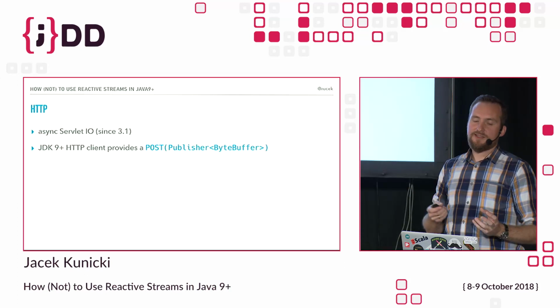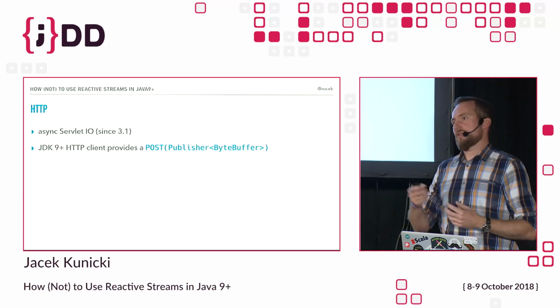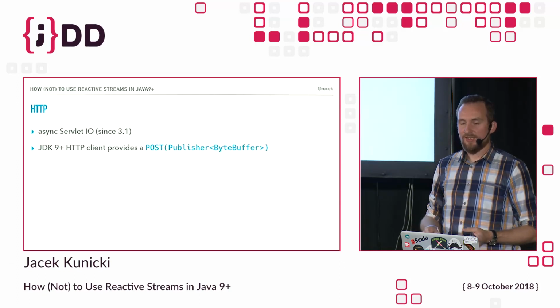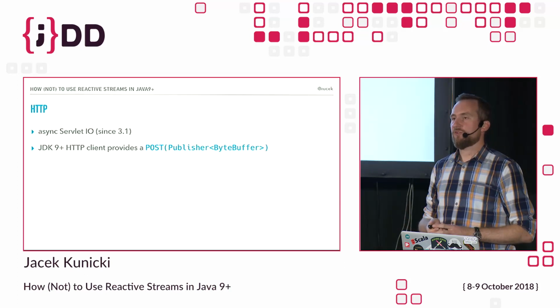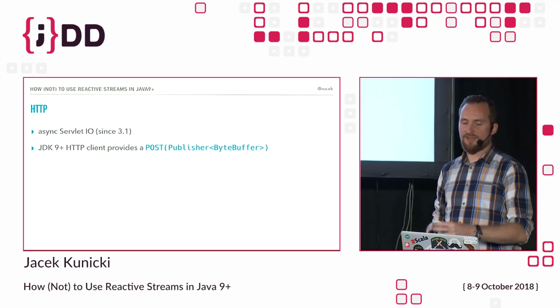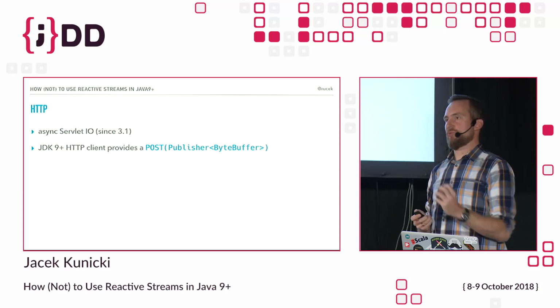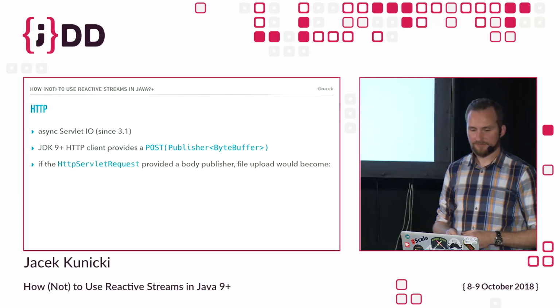This is an HTTP client that has a nice API, much better than the HttpURLConnection. It also exposes some of the reactive behavior. It uses the reactive interfaces, and for example, it provides a post method that takes a publisher, with which you are able to supply data to your post method.